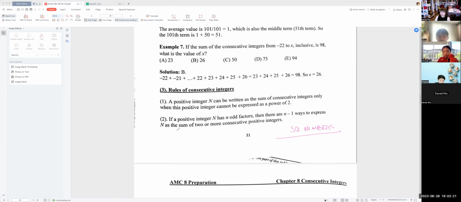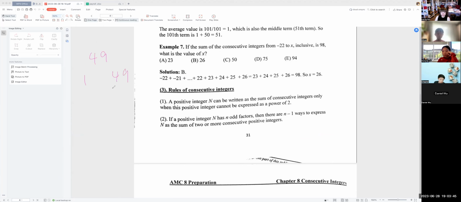On the other hand, all the other numbers in this world have factors in pairs. 看到了没有？好，比如35, 1, 35, 5, 7，how many factors do they have? 4，对不对？14 has how many factors? 1, 14, 2, 7, 4 factors.